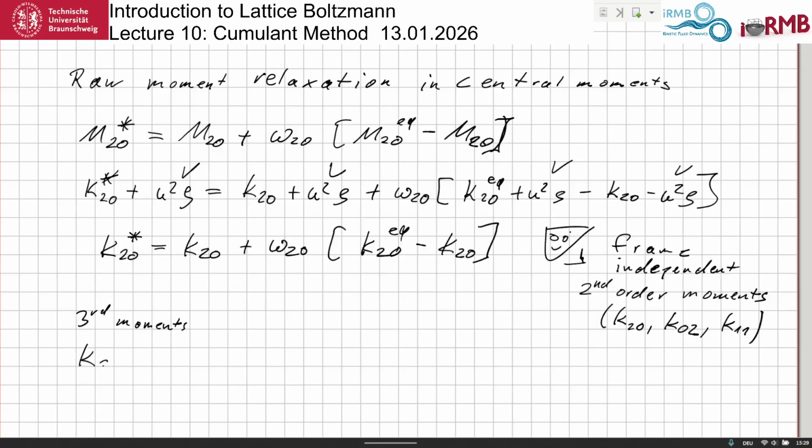Let's take K21 is equal to M. Yeah, right. So we first have to write out what. Okay, when we do the binomial transform, this K21 becomes M21 minus 2UM11 minus VM20 plus 2U square V rho. Now immediately we should observe a difference here.